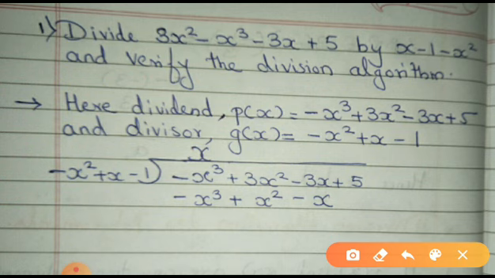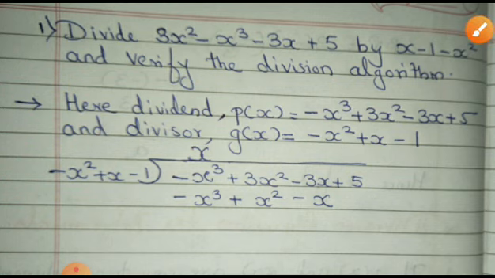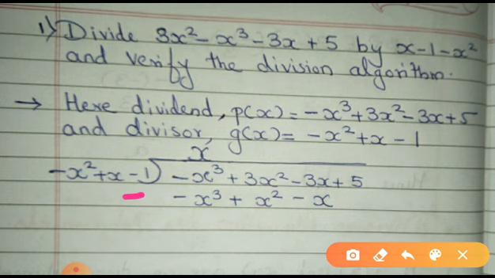Suppose if I want to divide 5 by 3, what do you do? Here 3 ones are 3. After this, what do you do? Here do we give a minus sign? That means I am subtracting, 5 minus 3. Okay? That means whenever you are dividing, you are just changing the sign. I am writing here minus.